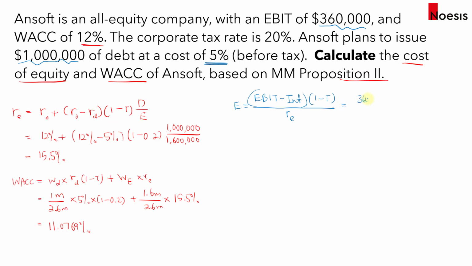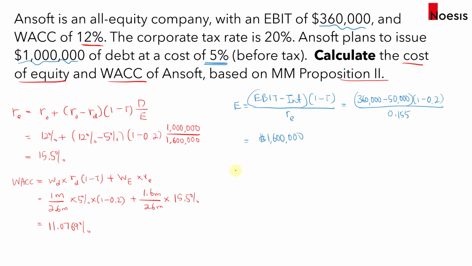So this is 360,000 minus 50,000 interest, which is 310,000 in EBT, times (1 minus 0.2), divided by 0.155. We come back to 1.6 million, so that's correct.